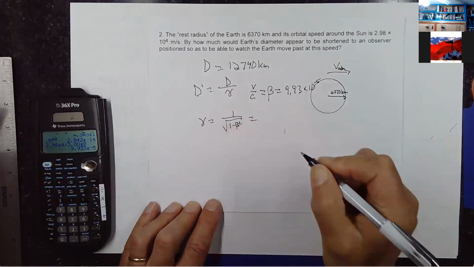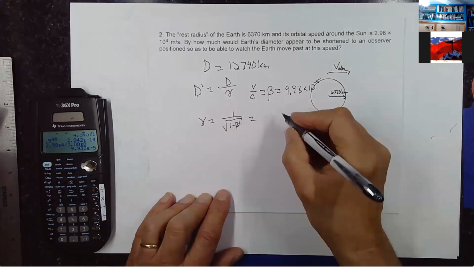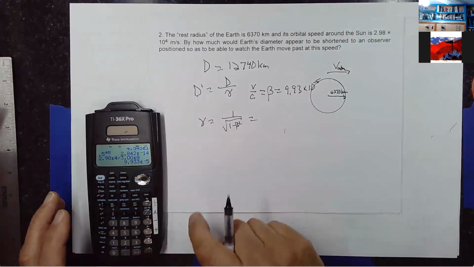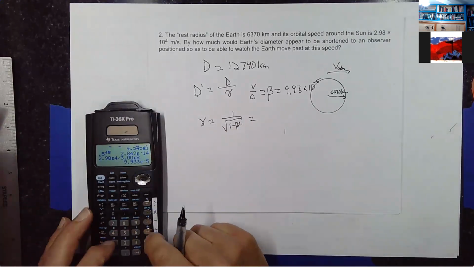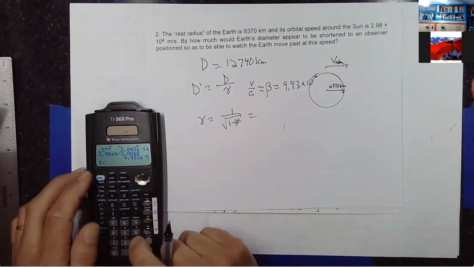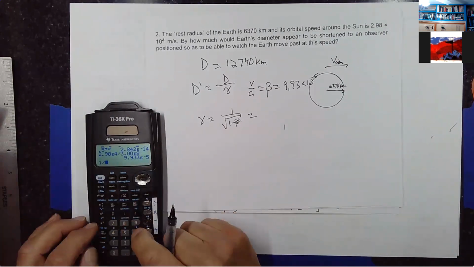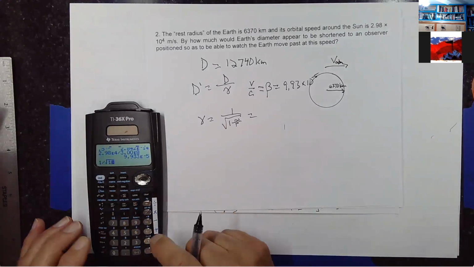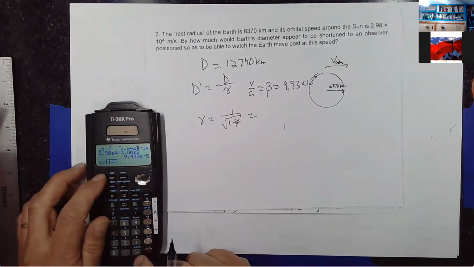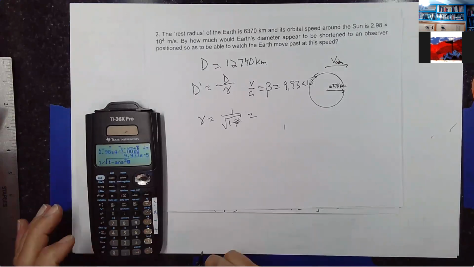And so we can see how that's going to work out here. In this case, 1 divided by that square root of 1 minus that last thing I used, my answer squared.